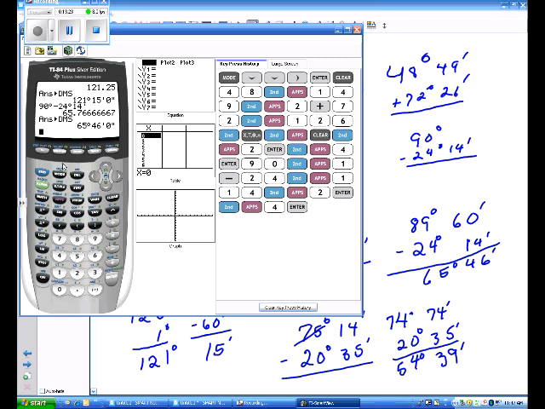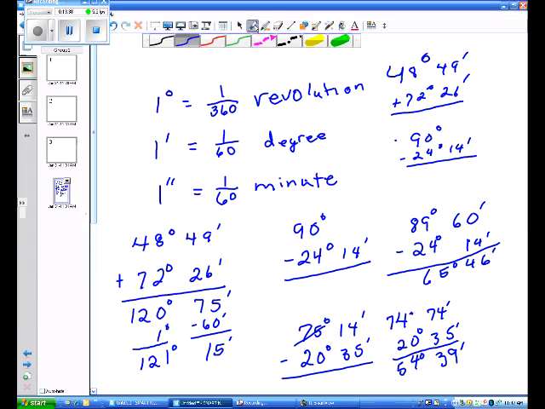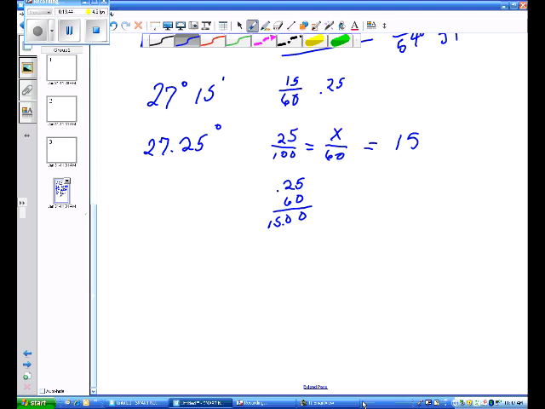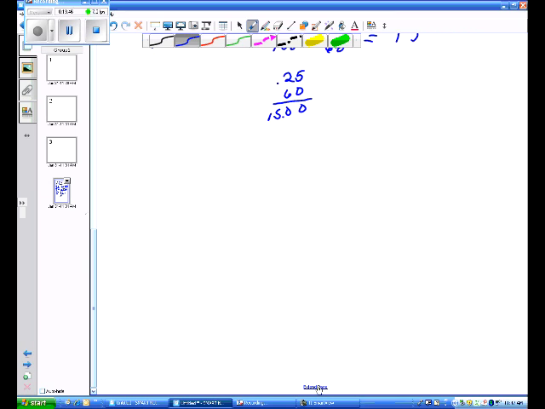So you may want to look into getting one of those. Let me show you where you would find your second button if you needed it, because we're talking about degrees, minutes, and seconds, and you need to be able to find your second button on the calculator.